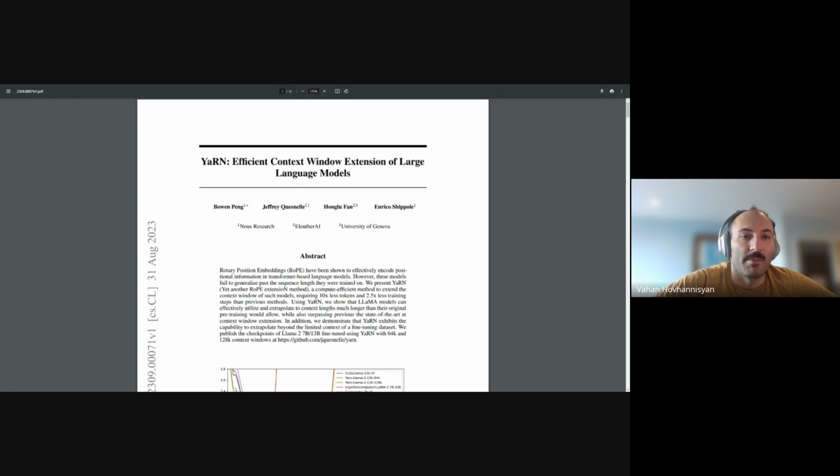Because recently LLMs changed everything, and besides making bigger models, everyone is also concerned about extending the context window for a number of reasons. The state of the art right now is the RoPE positional encoding, and I'm going to quickly introduce that, because we haven't covered RoPE here. Then this paper is an extension of RoPE, covering some of its shortcomings.